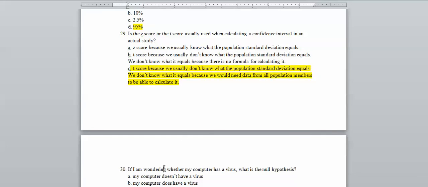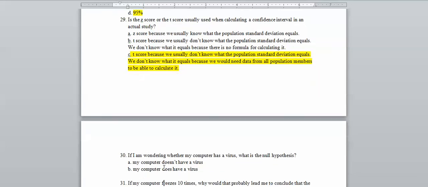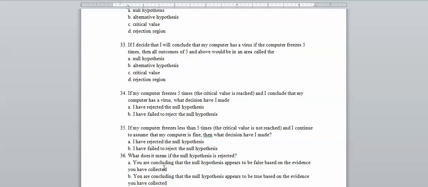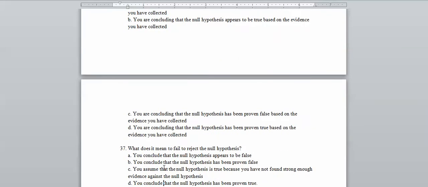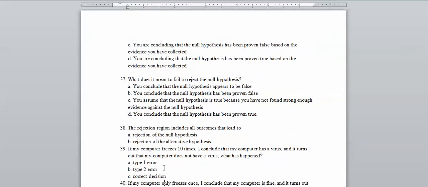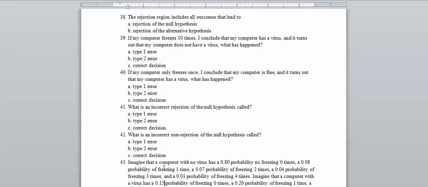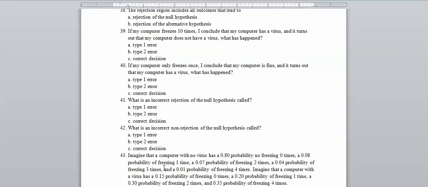And for these other questions, I'll let you think about these a little bit longer, because I think that these ones are more straightforward. You just have to understand what all of the terms mean. These questions ask about my analogies. Remember that the null hypothesis is the absence of something.